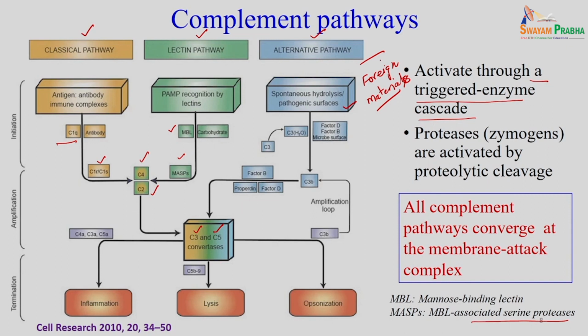Now, in the case of the alternative pathway, C3 is automatically or quickly hydrolyzed to C3H2O.